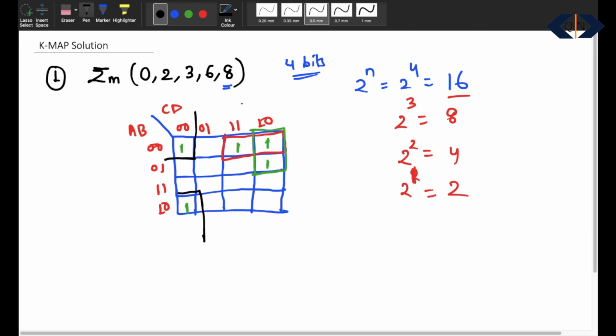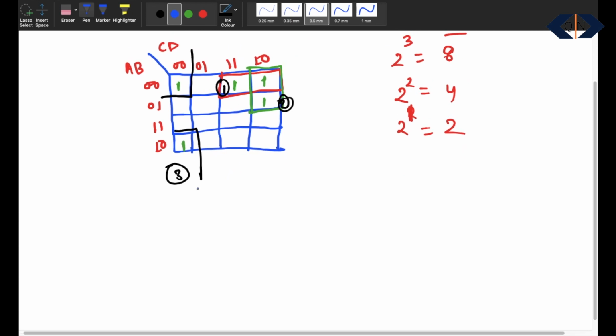So can we start writing this? How many groups are we having now? This is one group, this is the second group, and this is the third group. Now let's start writing the simplified equation. If we see the first group, what is constant here?